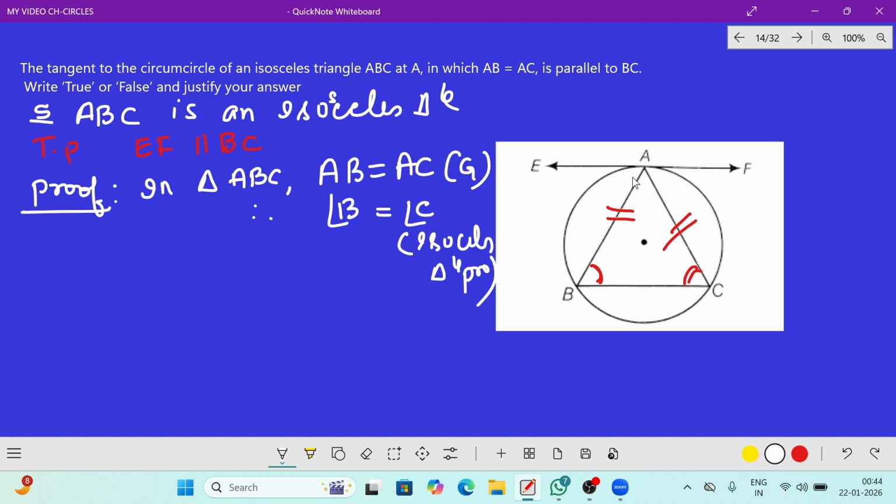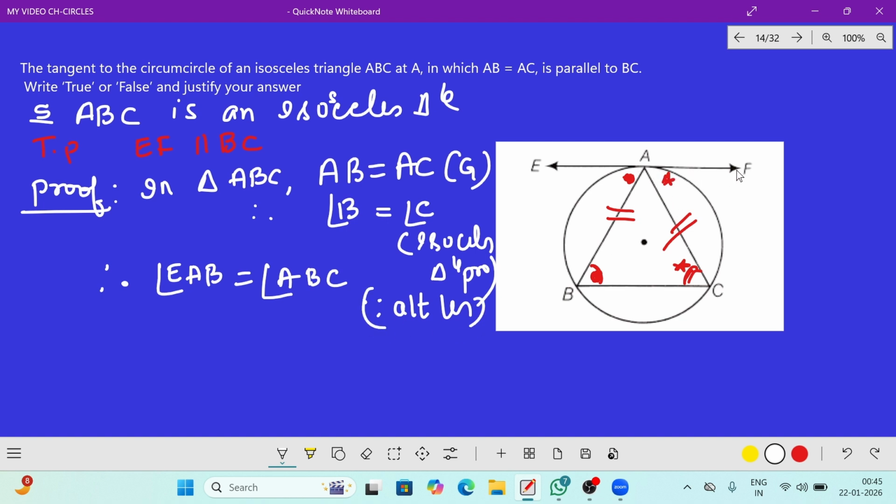What is the reason I can give? Both angles are alternate angles. This angle and this angle are alternate angles, as well as this angle and this angle are alternate angles. Therefore, angle EAB is equal to angle ABC, because they are alternate angles.